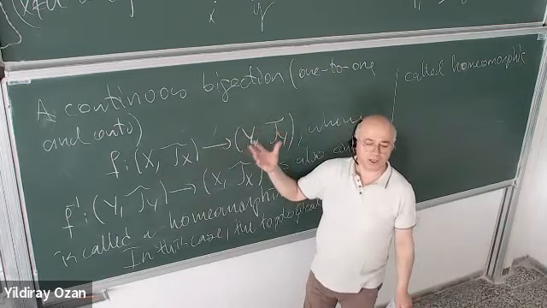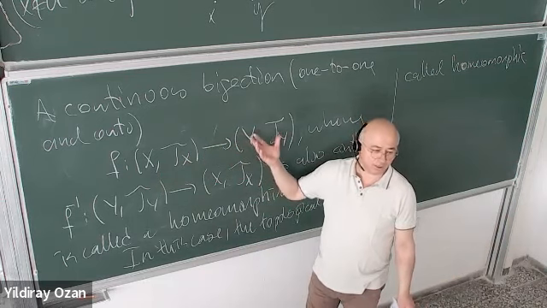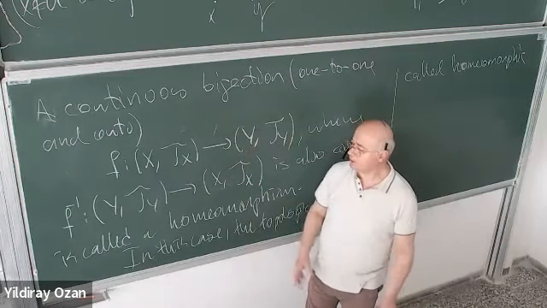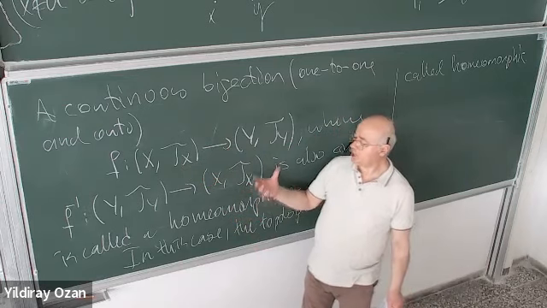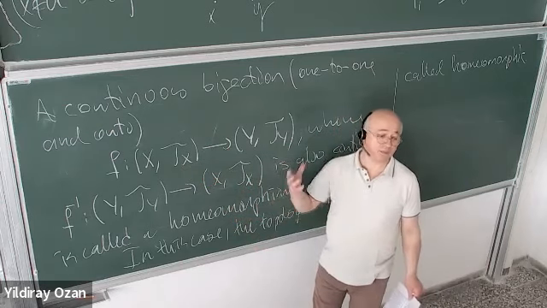You just rename the elements of your set, nothing different than that, right? They are equivalent sets. And f and f inverse are both continuous, meaning the image and pre-image of any open set is open.